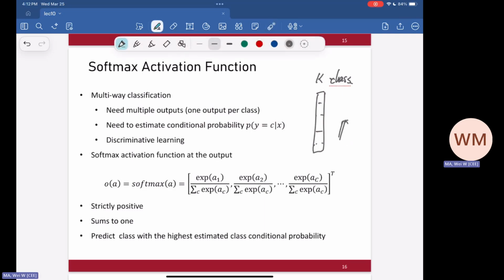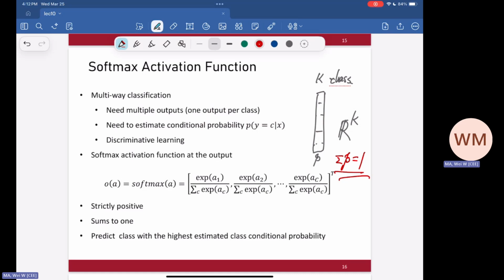This vector indicates the probability of being each class. So this is P, and the summation of P equals 1. That's our requirement. The probabilities of being different classes, if you sum them together, should be 1 because it's a probability, right?